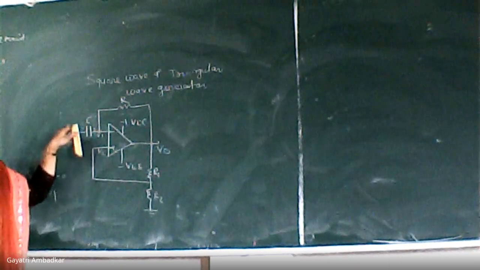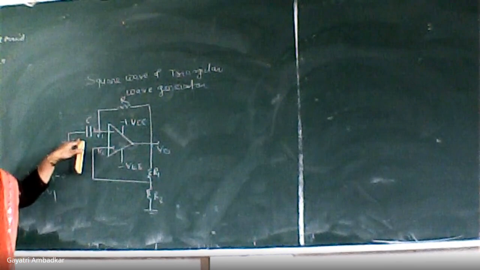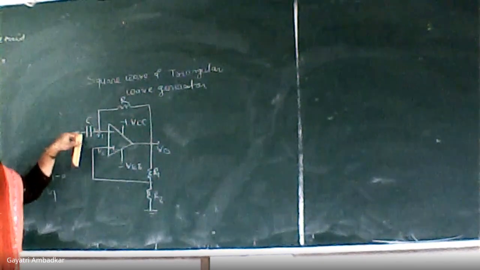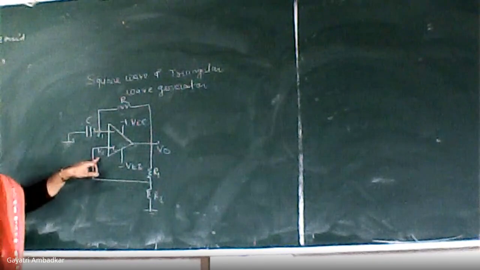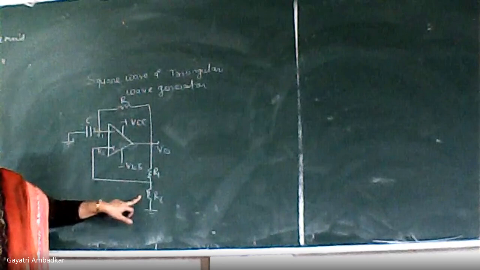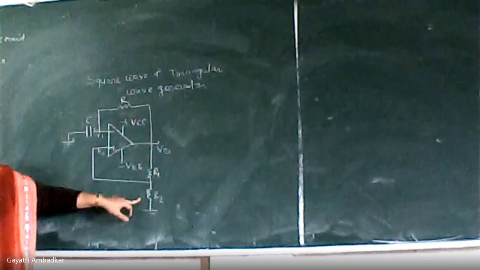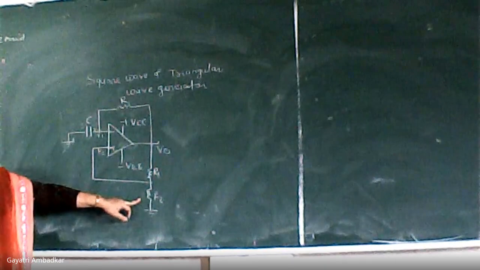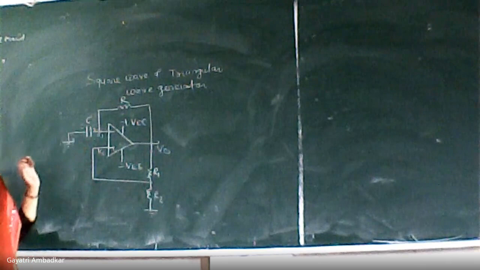Here voltage is 0, voltage is V1. So voltage across the capacitor is V1. And the voltage at this point you can calculate, that is I into R2, which will come R2 upon R1 plus R2 into VO. And VO is going to become either plus VSAT or minus VSAT.